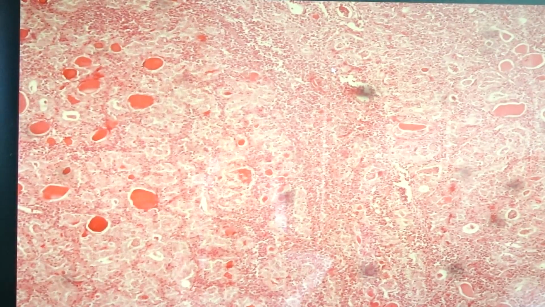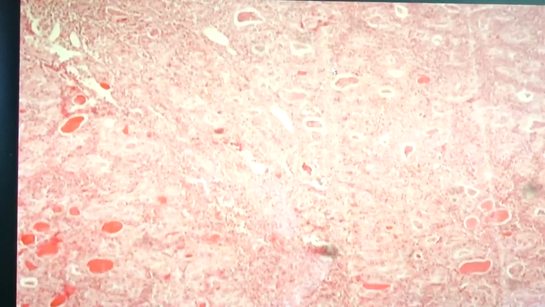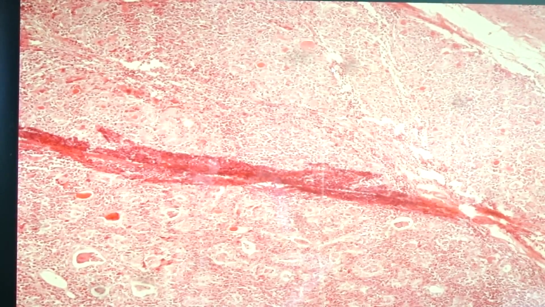So this can also be associated with other autoimmune diseases, like patients can also present with type 1 diabetes mellitus or other endocrine abnormality. So histologically, we would see the presence of thyroid tissue destruction, characterized by the presence of lymphoid follicles in the area.